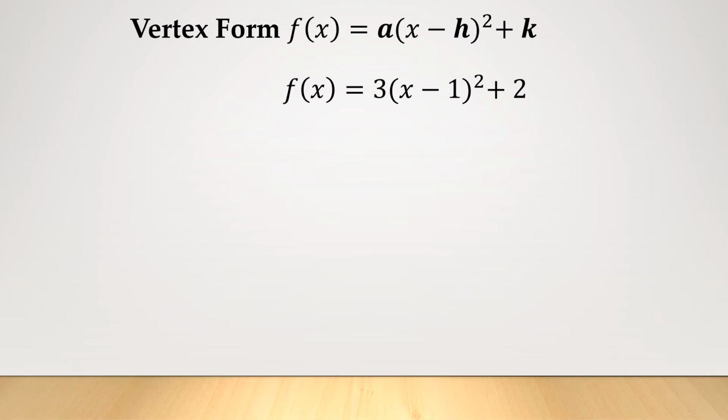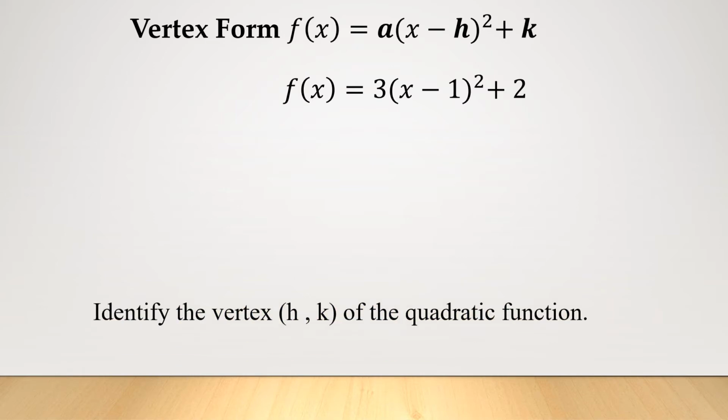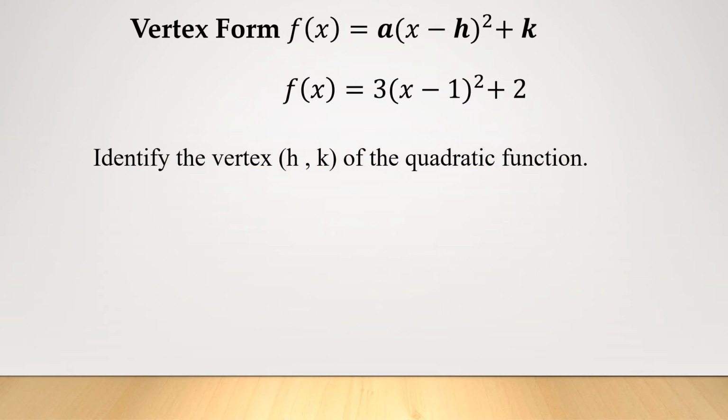So if we look at this problem, f of x is equal to 3 times the quantity x minus 1 squared plus 2. We want to find 3 characteristics in this form. The first one is we want to identify the vertex h comma k of the quadratic function.